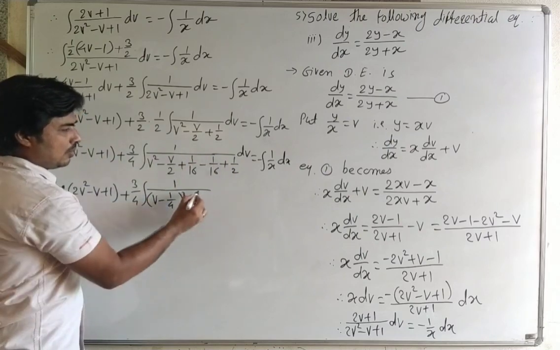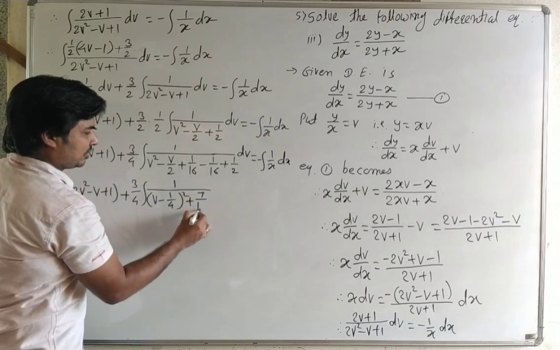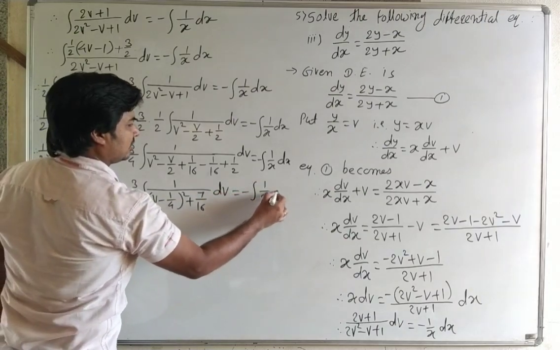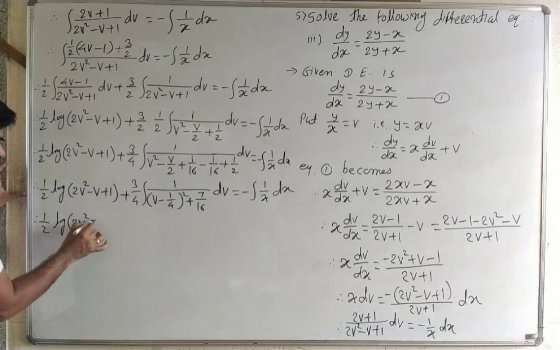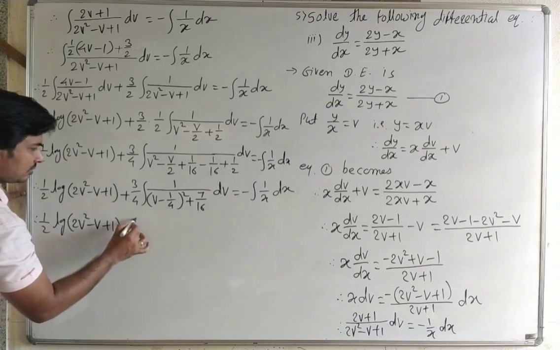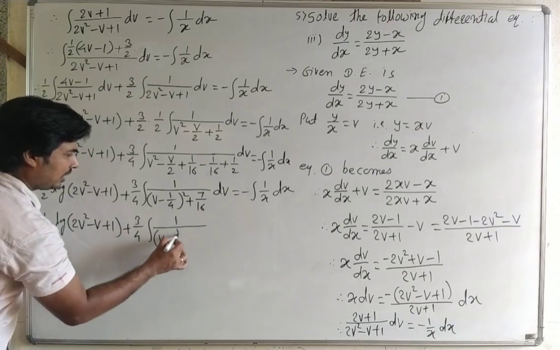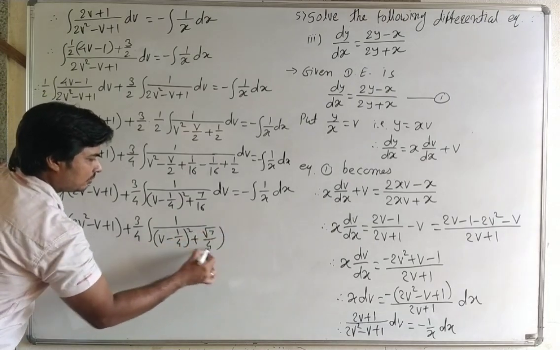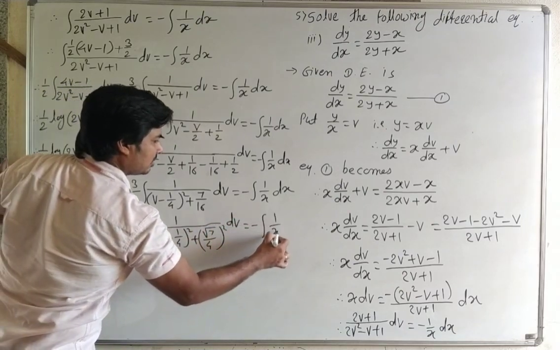That means plus 14 upon 32, and 14 upon 32 means 7 upon 16. dv is equal to minus integral of 1 by x dx. Okay. Now 1 by 2 log of 2v square minus v plus 1 plus 3 by 4 into the integral of 1 by phi minus 1 by 4 whole square plus under root 7 by 4 whole square dv is equal to minus integral of 1 by x dx.